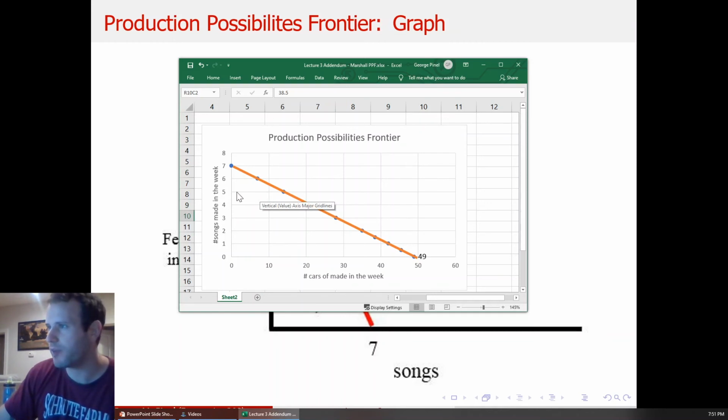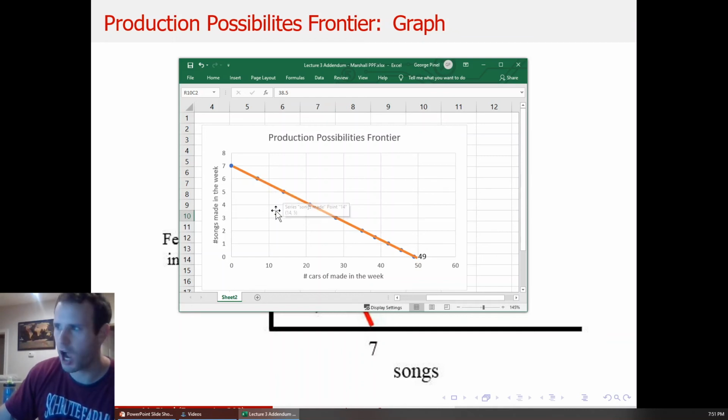So if I make 7 cars, I can make 6 songs, right? If I want to make an additional 7 cars, I drop down 1 song. Drop down 1, run 7.